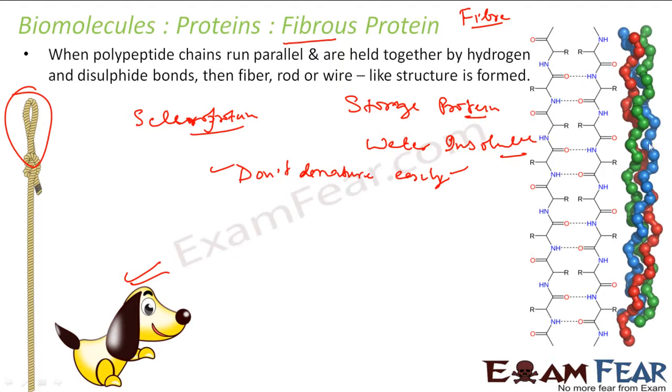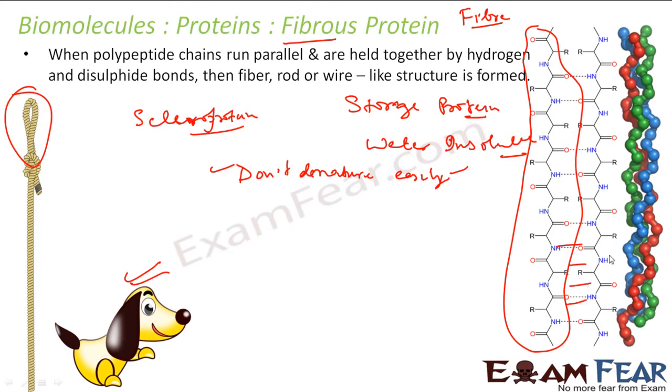They have very little or almost no tertiary structure, only primary and secondary structure. The primary structure decides the sequence, and the secondary structure decides the hydrogen bonding, and they form a big rope-like structure. They have long parallel polypeptide chains, and the cross linkage in between forms long fibers or sheets.